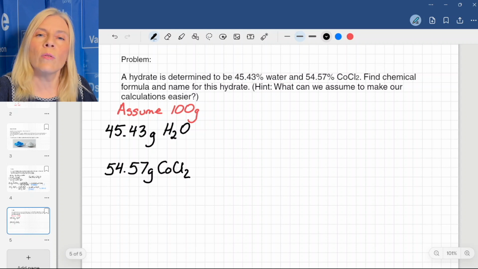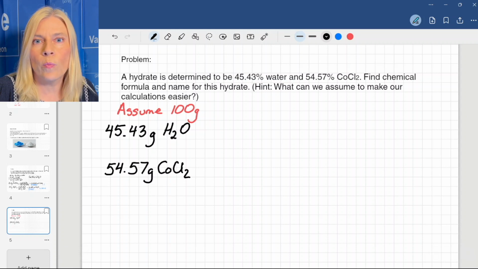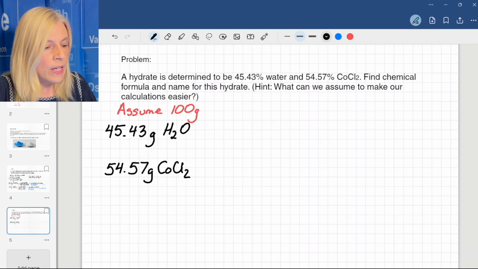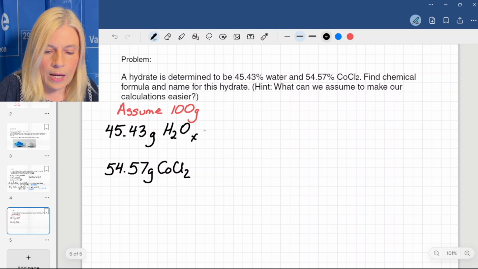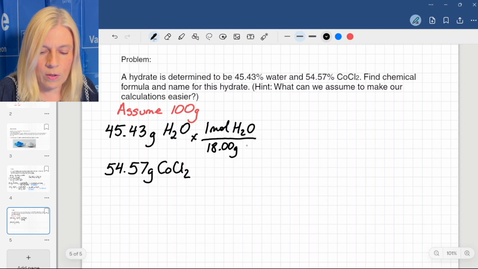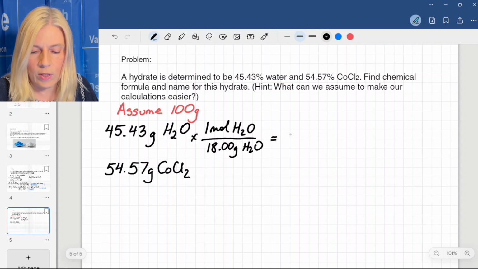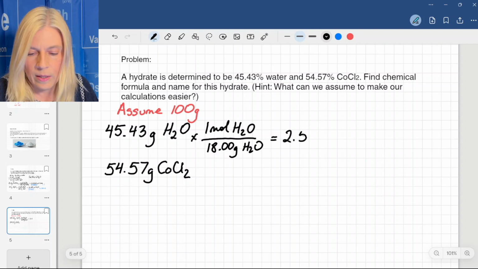And we're going to now do the same thing we did. Now we have masses. We have to change it to moles, because remember, in the formula we have a mole to mole ratio. So let's do it for water. Times 1 mole of water is 18 grams. I'm going to use my sig figs. And when I do that, I'm going to have 2.524 moles of water.